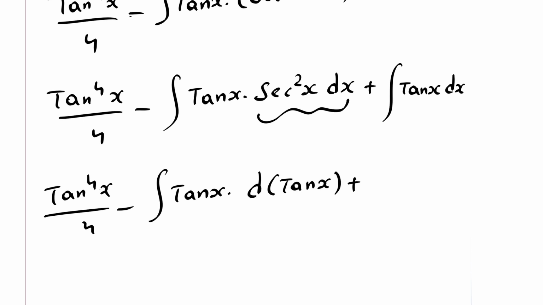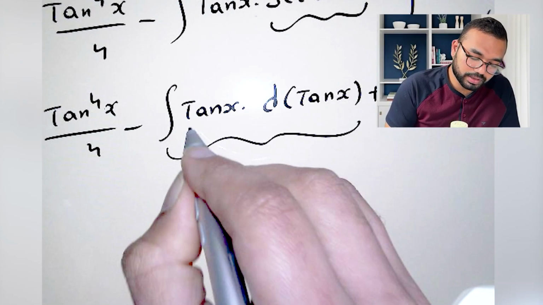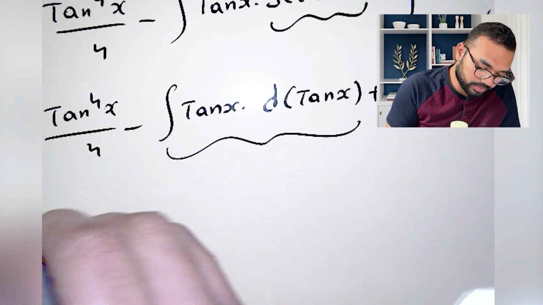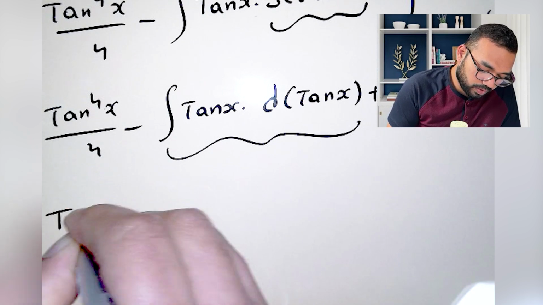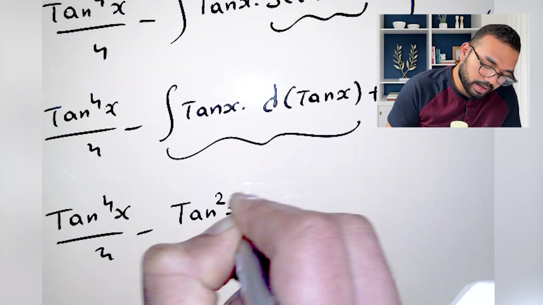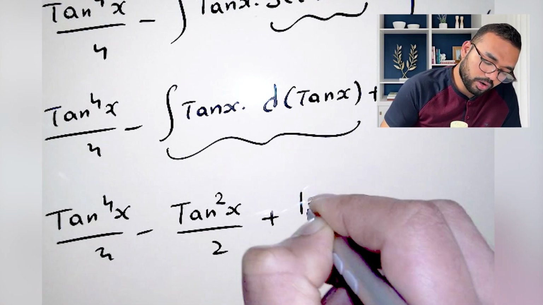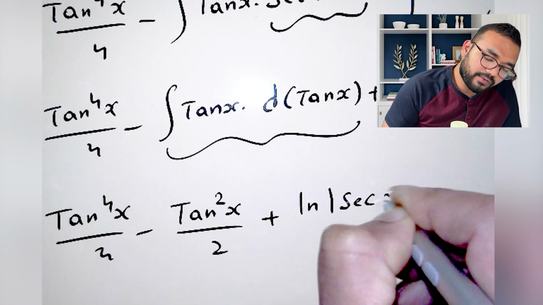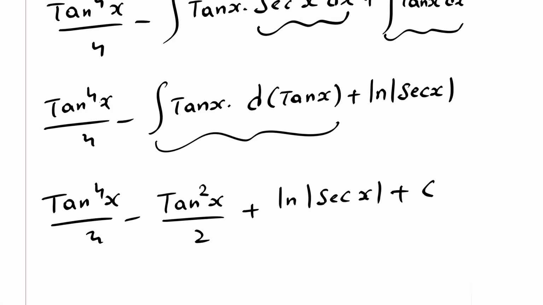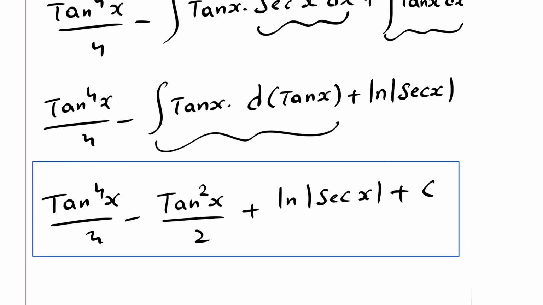And integral tan x dx is simply natural log of modulus secant x, right? So this is very simple. It is simply looking like integral x dx, but we have tan x. So it is going to be tan power 4x by 4 minus tan square x by 2 plus natural log of modulus of secant x, and finally our integration constant c.